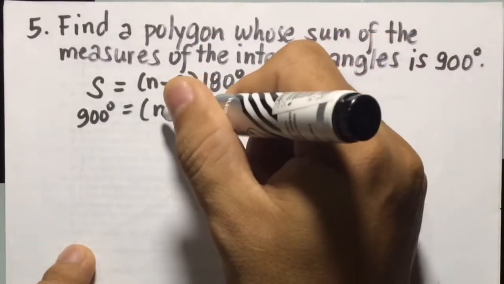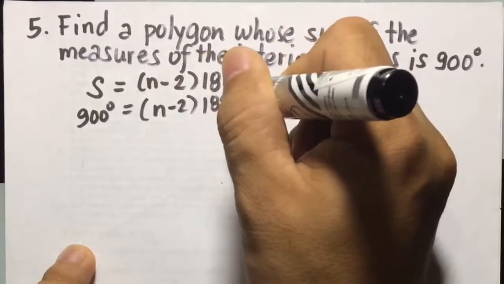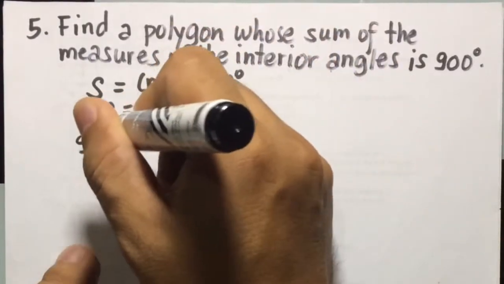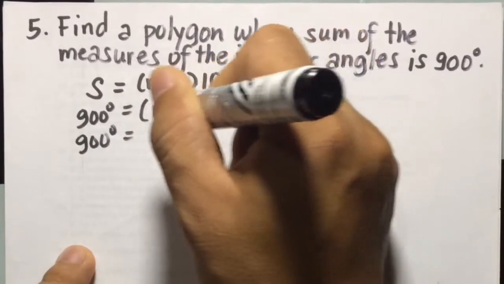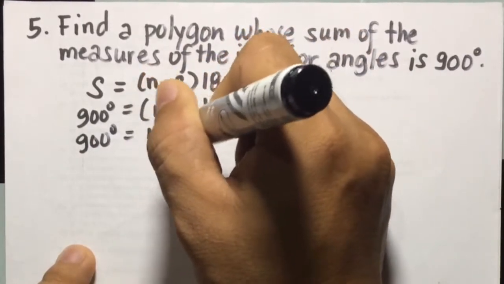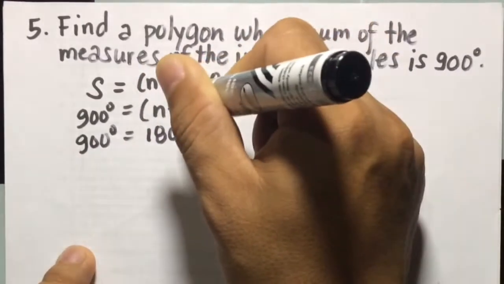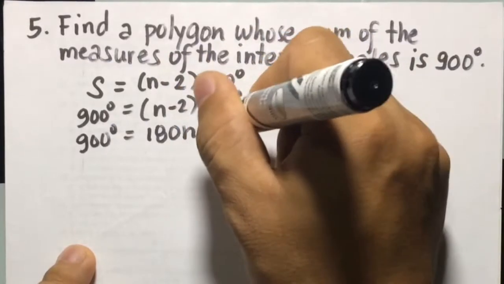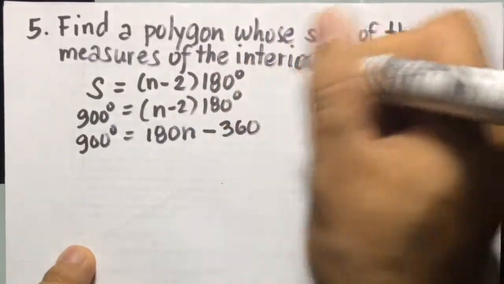Then multiplying here, n minus 2 times 180, so we're going to have 180 times n is 180n. Then negative 2 times 180 is negative 360.